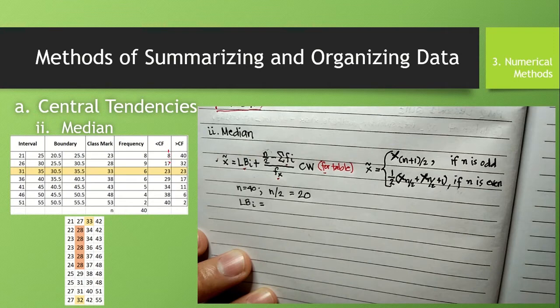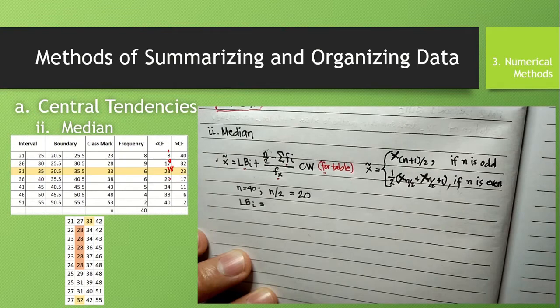The second class interval contains the 9th to the 17th data, and the third class interval contains the 18th to 23rd data. The less than cumulative frequency tells us the last value for each class interval.